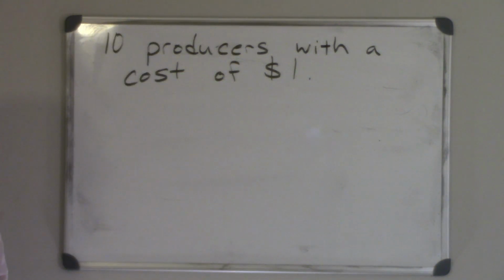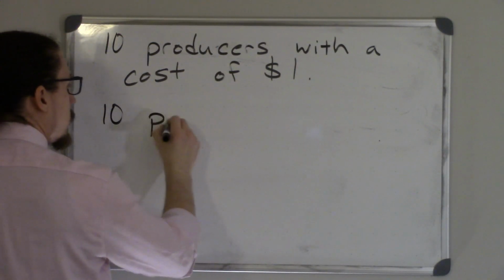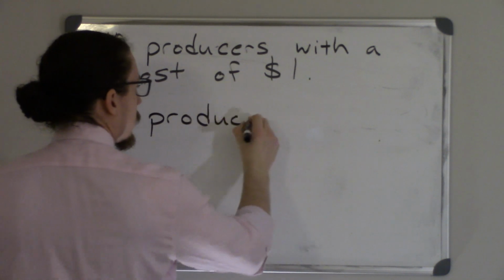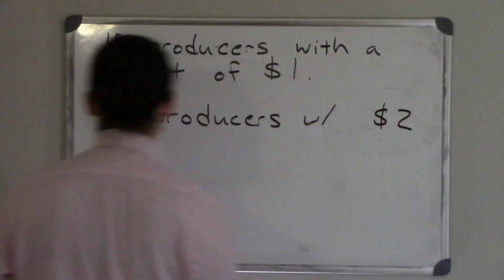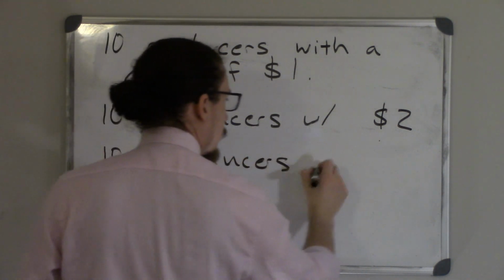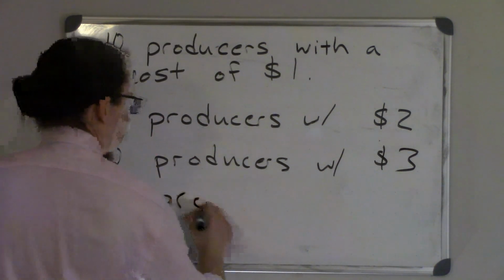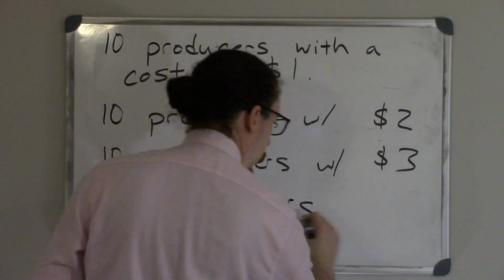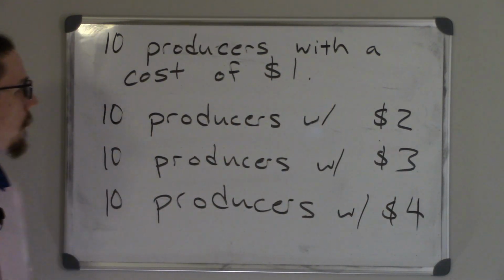All right, so let's say that we have 10 producers with a cost of $1, 10 more producers with a cost of $2, 10 more producers with a cost of $3, and we'll do one more and say 10 more producers with a cost of $4.